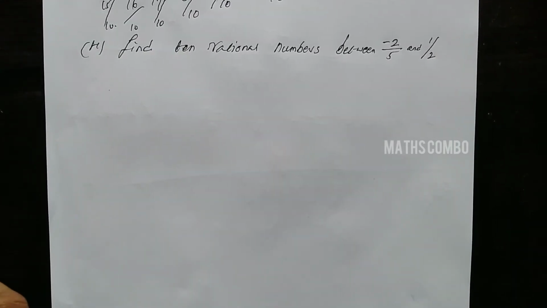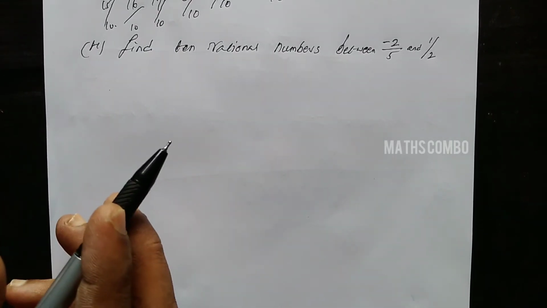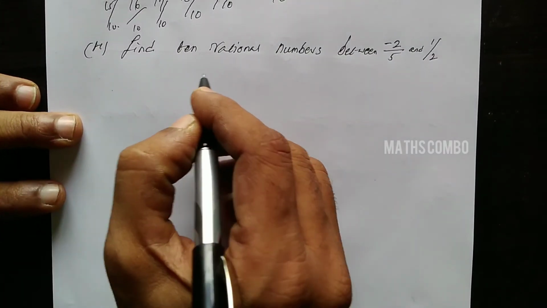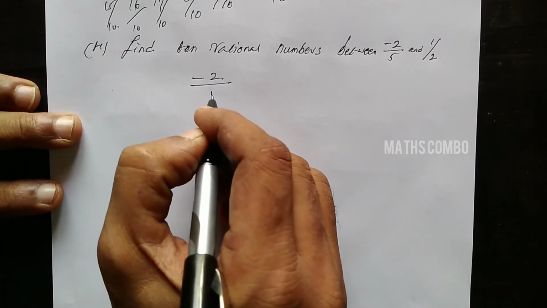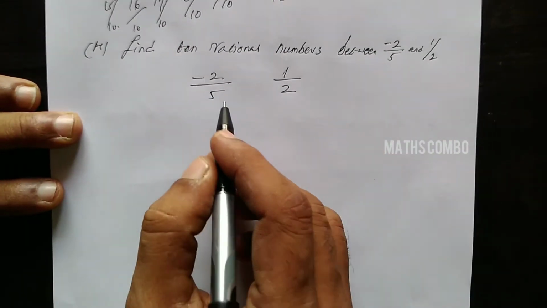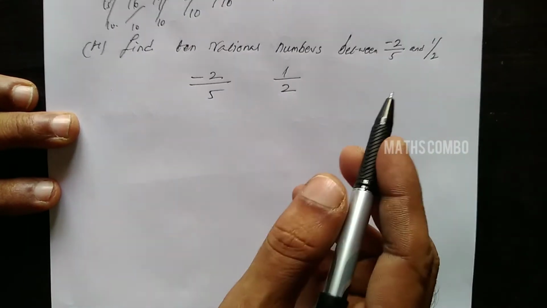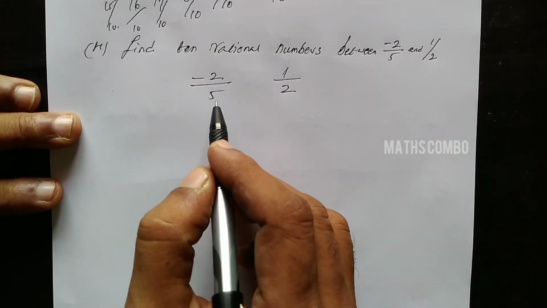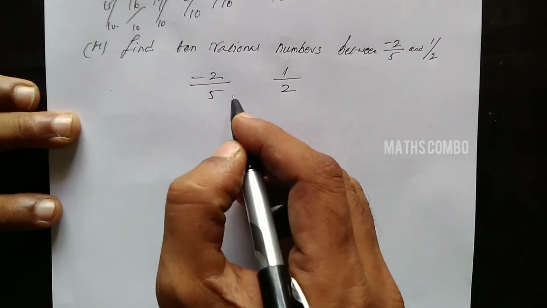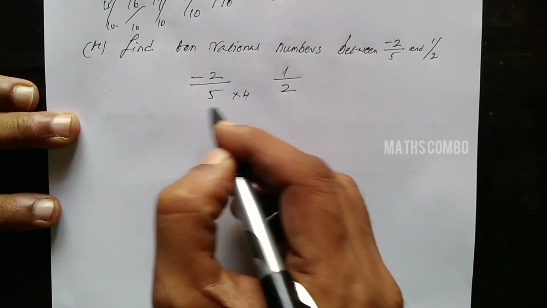Read the fourth question. Find 10 rational numbers between minus 2 by 5 and 1 by 2. They have given minus 2 by 5 and 1 by 2. For both fractions, let me equalize the denominators. I multiply by 4, so it becomes 20.